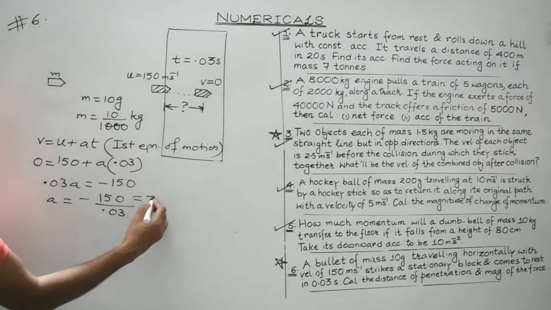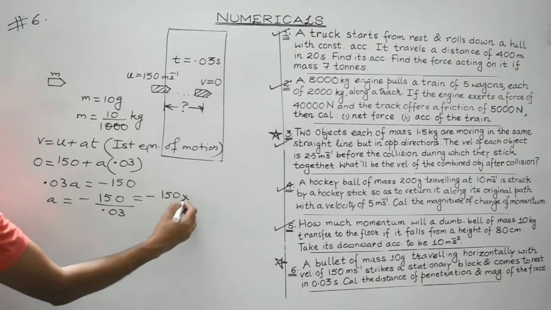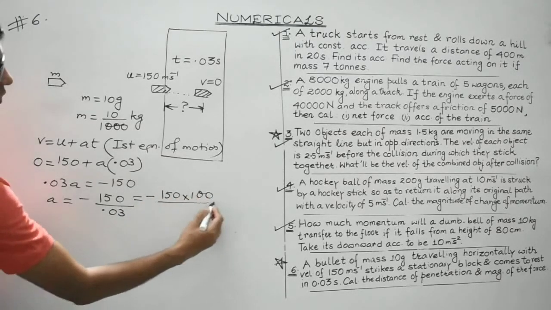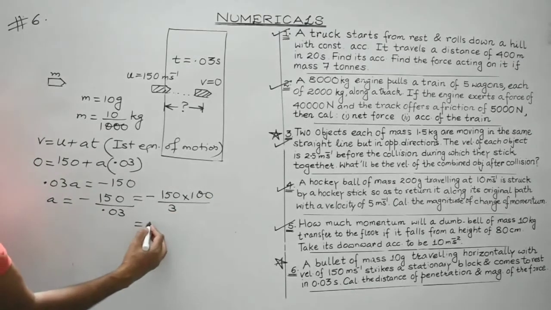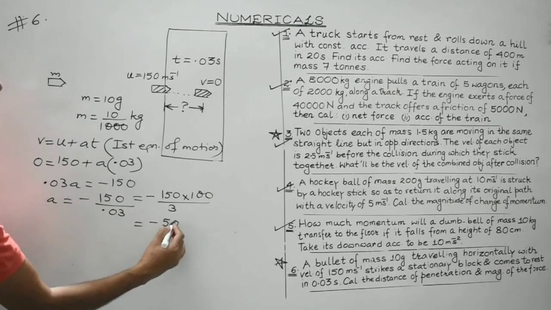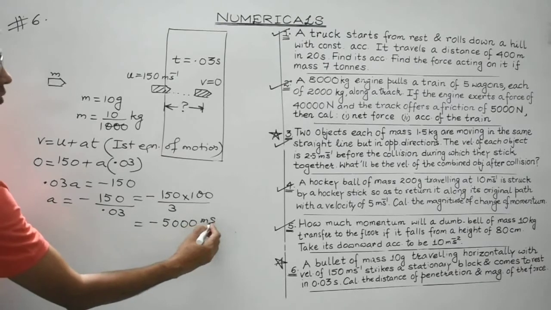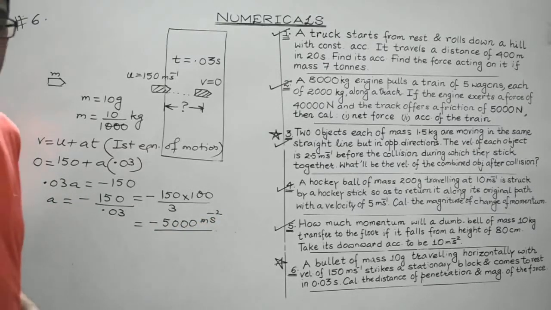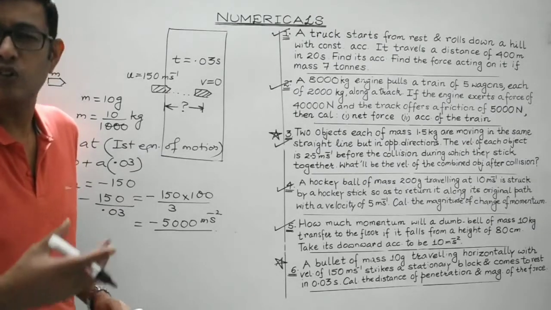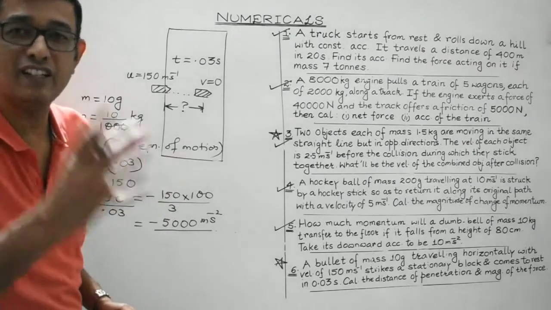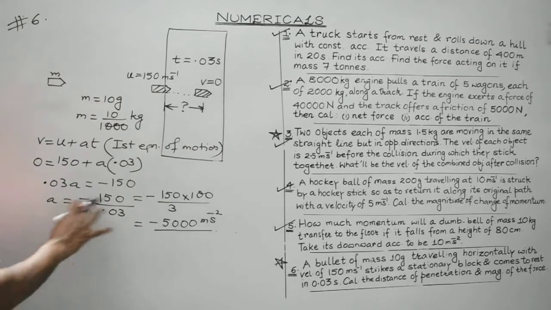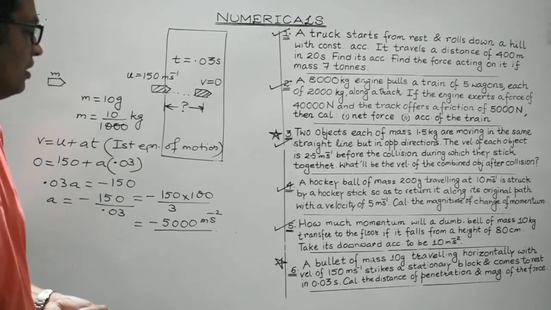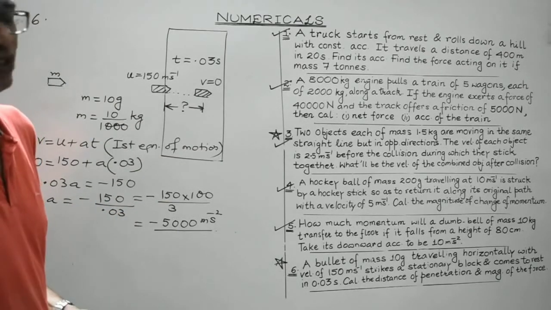So it will be minus 150 into 100 divided by 3. So that will give you minus 5000 meter per second square. This is the acceleration. A negative sign in the acceleration means that obviously it is the case of retardation, right? So A is minus 5000 meter per second square.